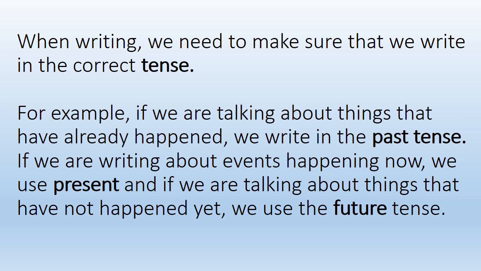And if we're talking about things that have not happened yet, but could happen and will happen later, we use the future tense. So we're going to be having a look at how we can choose the right verbs to write in the past, the present, and the future.